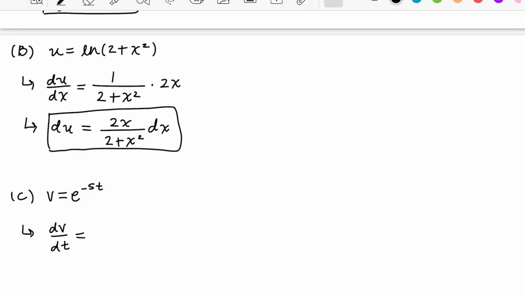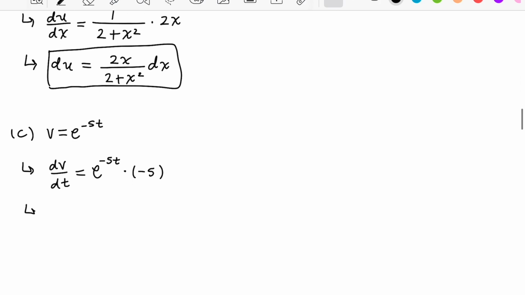Our inside function is minus 5t. So the derivative of our outside function is just going to be e to the minus 5t, and then we need to multiply by the derivative of our inside function, which is just going to be minus 5. Then multiplying by dt on both sides, we're going to get dv is equal to minus 5 e to the minus 5t times dt.